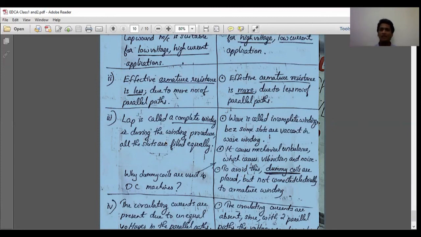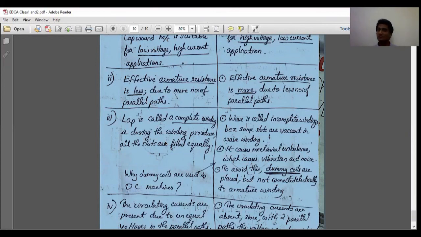Definitely that will cause a mechanical unbalance to the system and it causes vibration and noise for the machine. Clear? To avoid this problem, we will keep some dummy coils in these vacant slots. What is a dummy coil? These are coils of the same shape and same weight as compared to other coils, and they are kept in vacant slots, but these are not electrically connected to other coils.